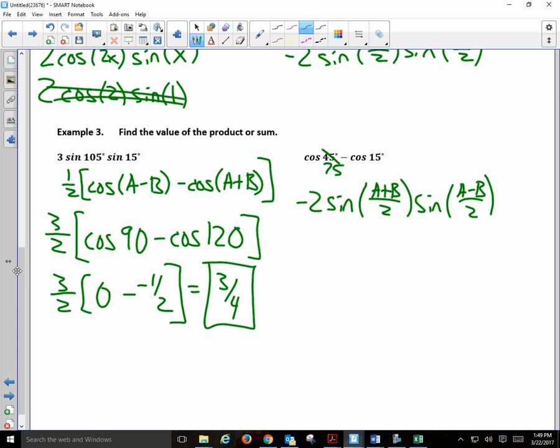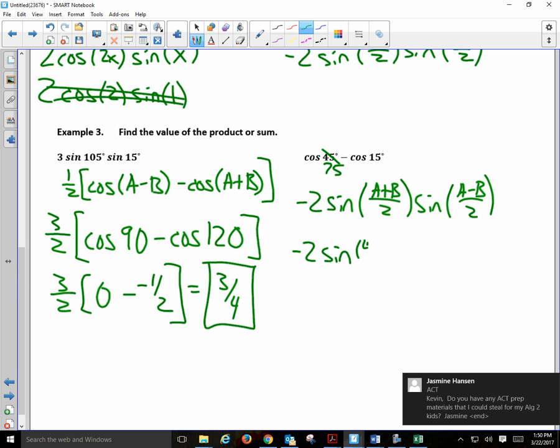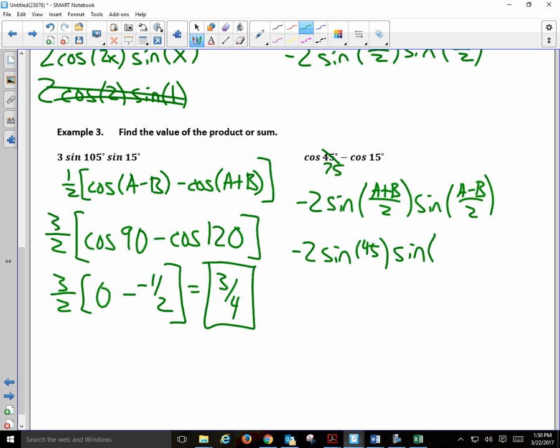All right, A plus B divided by 2. A minus B divided by 2. Exact value sine of 45. Sine of 30. Half, the 2 and the 1/2 go away, negative √2 over 2.